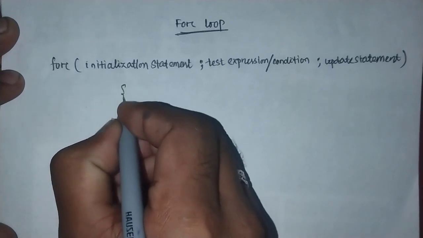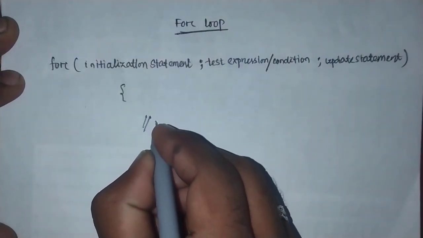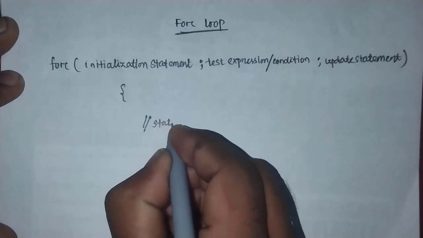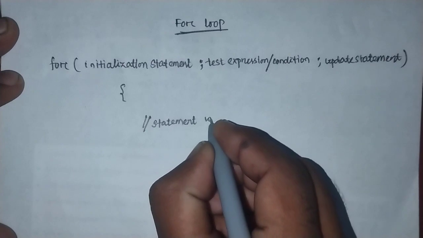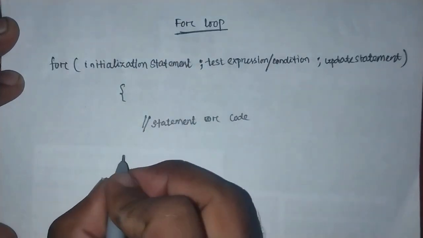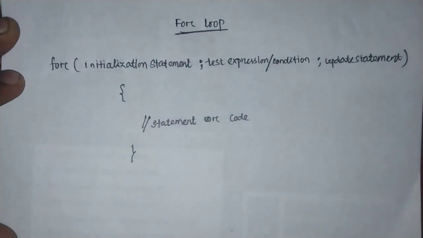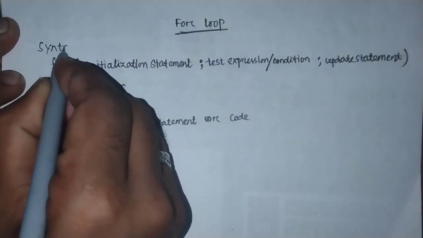Then there is a curly bracket, within it you may write the statement or the code which you want to repeat. This is the syntax of the for loop.